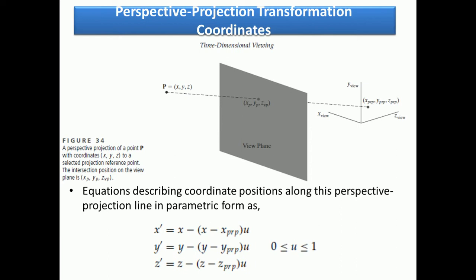Here we can write some equations which describe the coordinate positions along this perspective projection line in parametric form. So the equations are given as x dash equal to x minus (x minus xprp) into u, y dash equal to y minus (y minus yprp) into u, z dash equal to z minus (z minus zprp) into u, where u is between 0 and 1, that is 0 less than or equal to u less than or equal to 1.